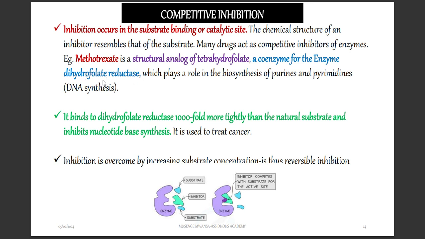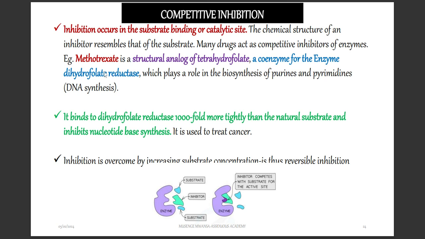And this dihydrofolate reductase is an important enzyme in the making of purines and pyrimidines, those cytosines, adenines, guanines, thymines. Don't worry, we'll talk about how you make purines and pyrimidines in detail as a topic.